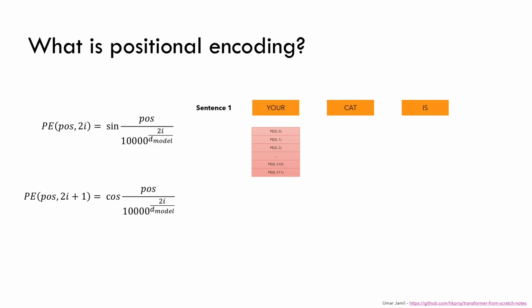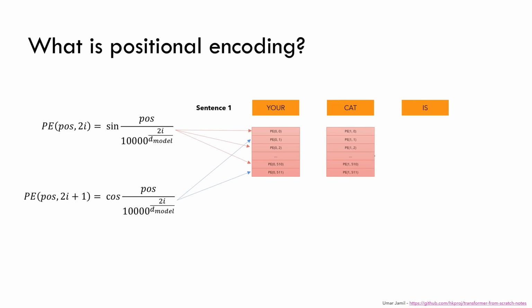The first argument indicates the position of the word inside of the sentence, so the word "your" occupies the position 0, and for the even dimensions, so the 0, the 2, the 4, up to 510, we use the first expression, the sine. And for the odd positions of this vector, we use the second expression. And we do this for all the words inside of the sentence.